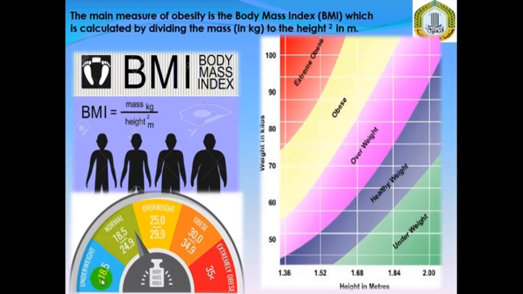If your BMI is below 18.5, the individual will be underweight. If the BMI calculated is between 18.5 and 24.9, this range will be a normal range.